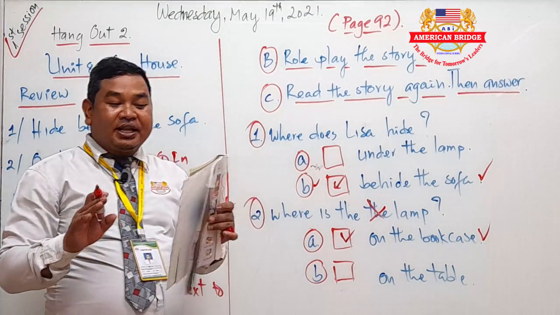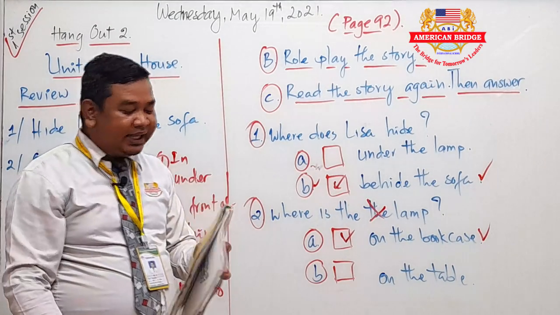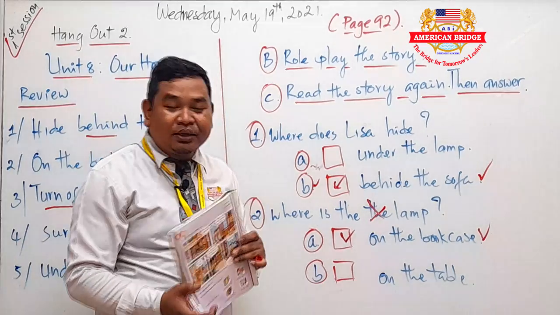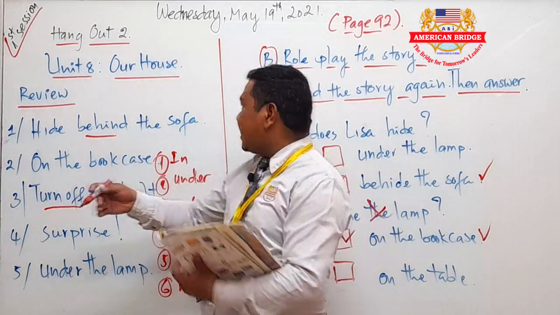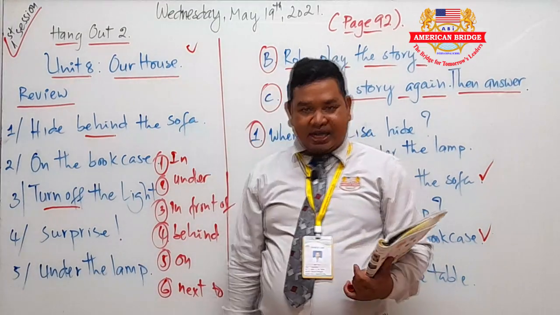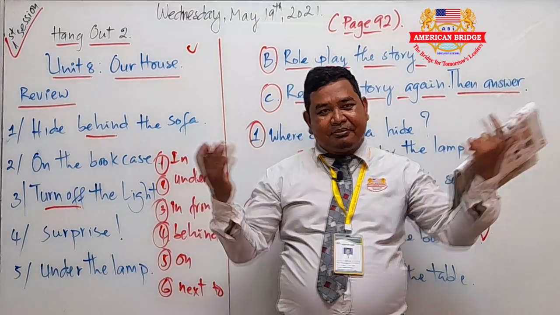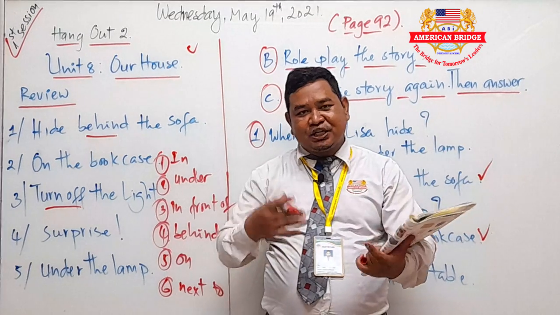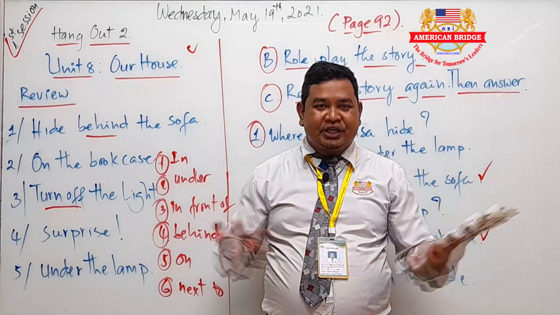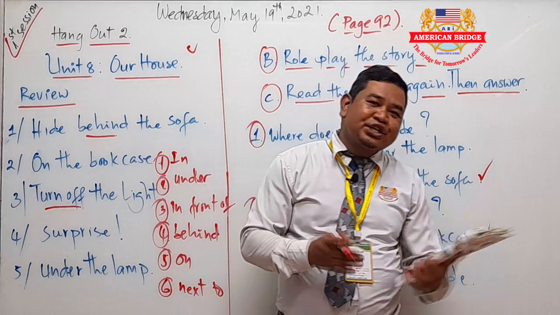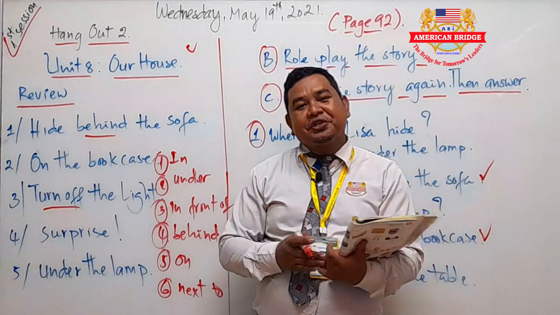On page 93 I will provide you clearly with everything that you are going to know in this lesson, also related to something in the house, because the title is in the house. So can you tell me something in your house? For example, in my house we have a fan, lamp, table, sofa, picture, plant.